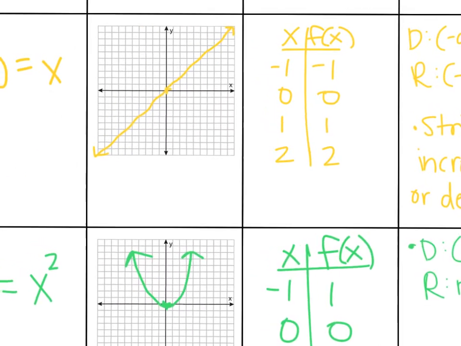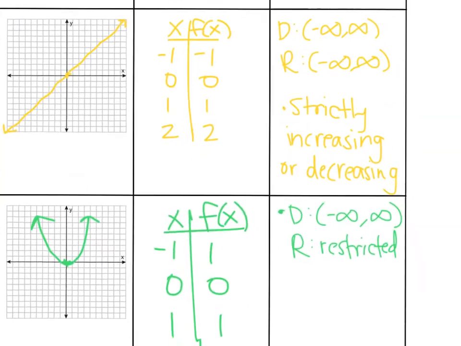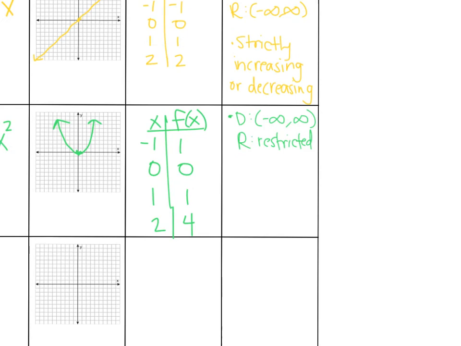Unlike the linear function, which goes up and down forever, so there is no restriction on the range. For a quadratic, in this case, our lowest point was 0, it didn't go any further down than that. So your range will be restricted for a quadratic function, but the domain is not. Another thing to note is that it is a U shape. So all your quadratics are going to look like a U.